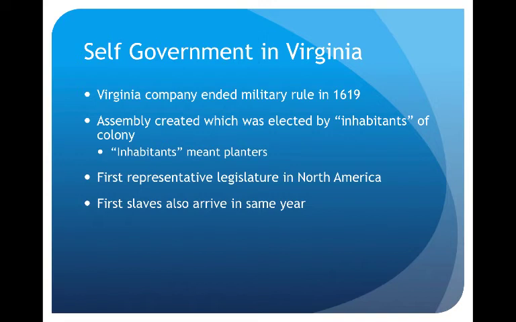So a step forward, right? Also in the same year, 1619, the first slaves arrive in Virginia. So you sort of see two contradictory things happening in the same year. One, you get representative government for the first time, but two, you also get slavery at the same time.